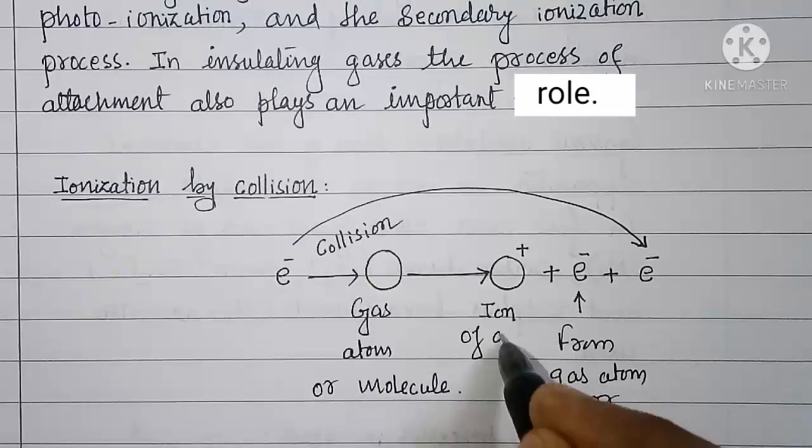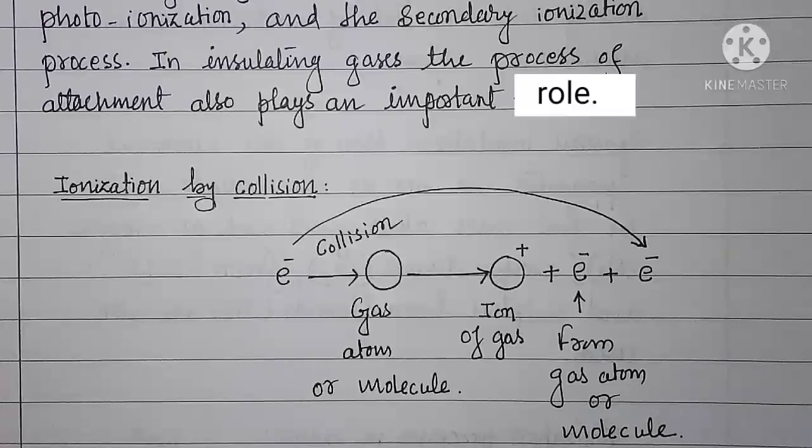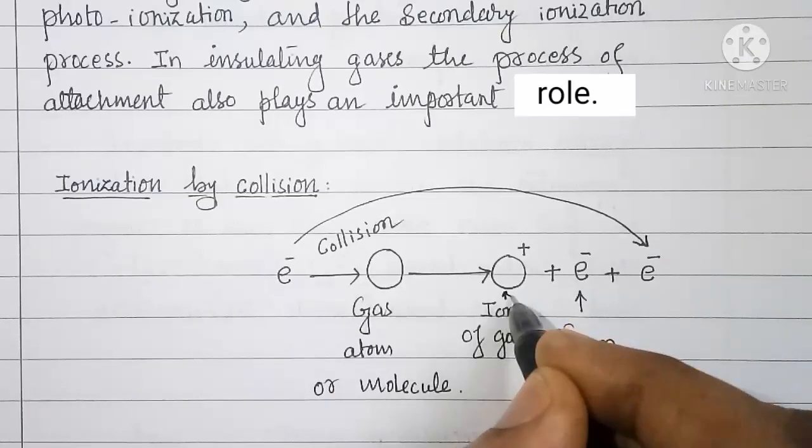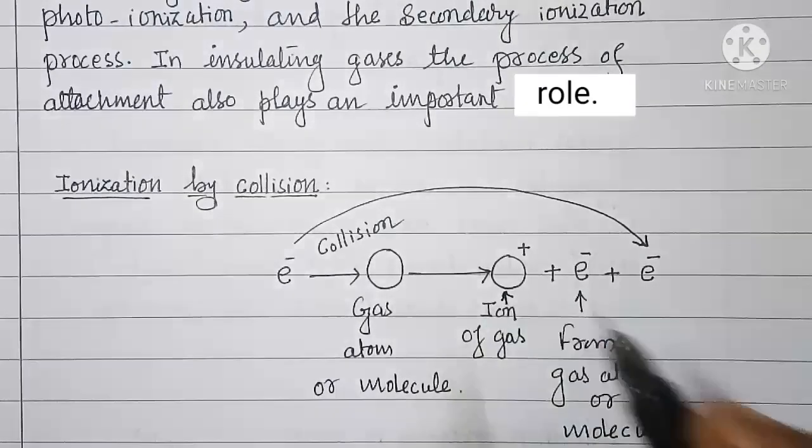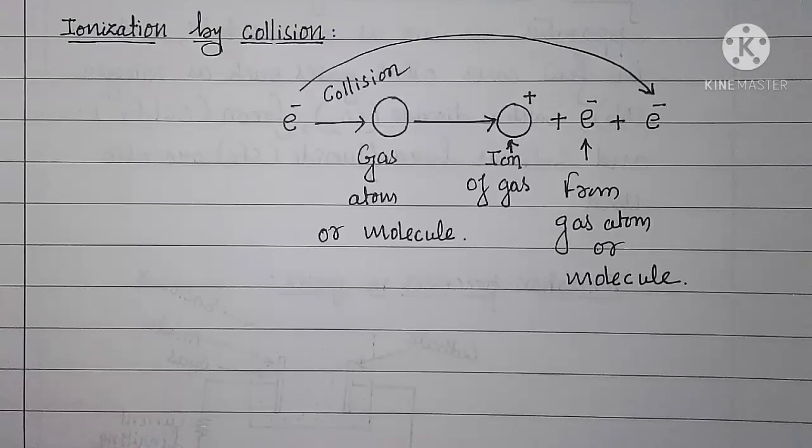This is ion of gas. So we'll first write the definition of ionization by collision process.